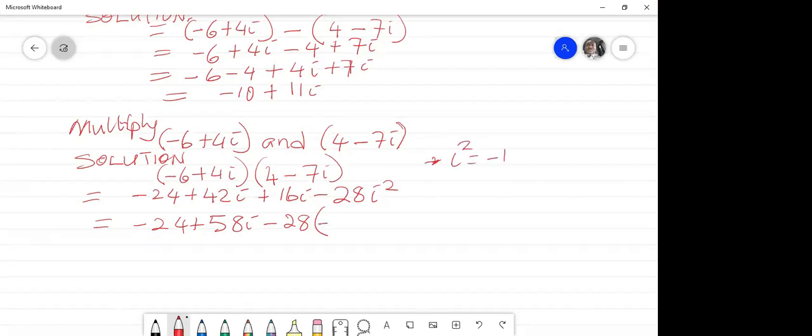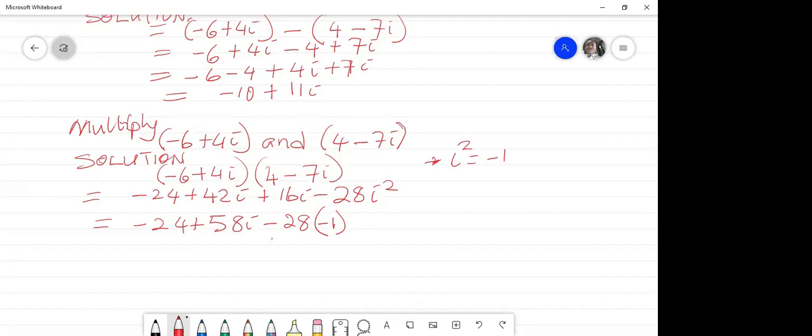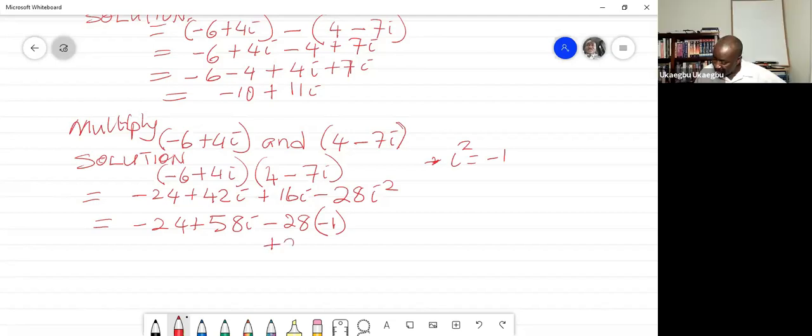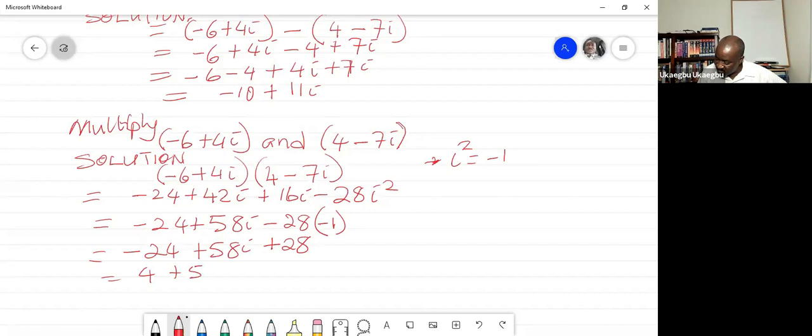So just put negative 1 here. And what does that give you? It gives you positive 28. So negative 24 plus 28 plus 58i. You combine like terms, then it's 4 plus 58i. Yes, so you have 4 plus 58i, and that's a complex number of this form.